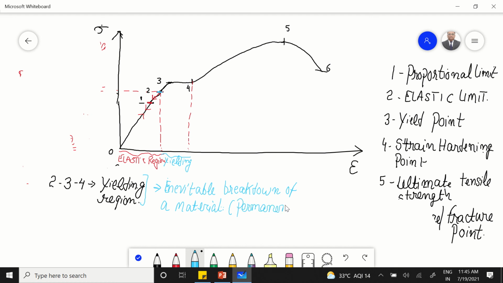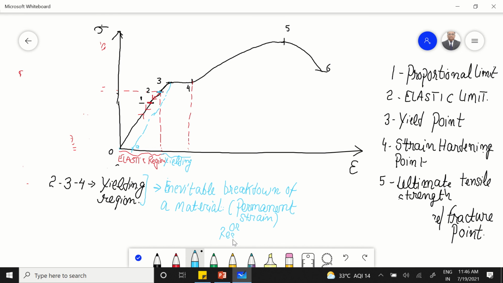So there is some permanent strain produced in the material, which means that if you remove the load and unload it, it will not follow this line. Instead it will follow some other line. From 0 to let us say point A, there is some permanent strain already produced in this specimen. We call this permanent strain, and sometimes residual strain also.